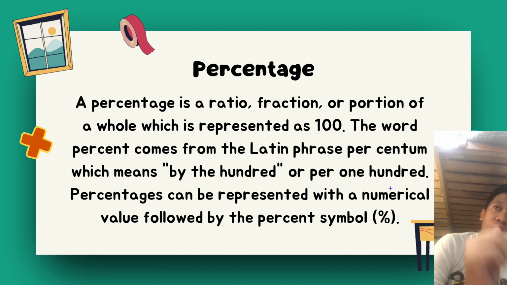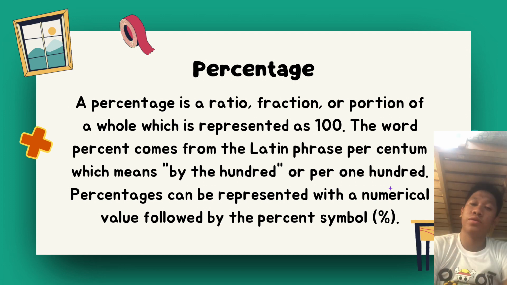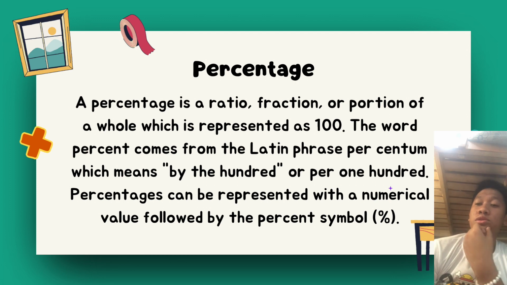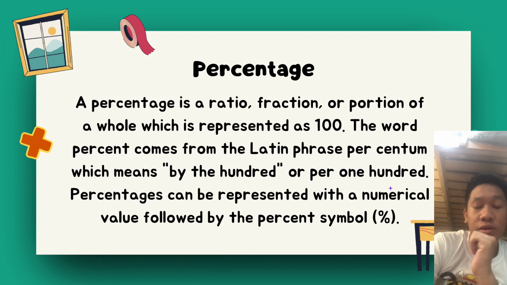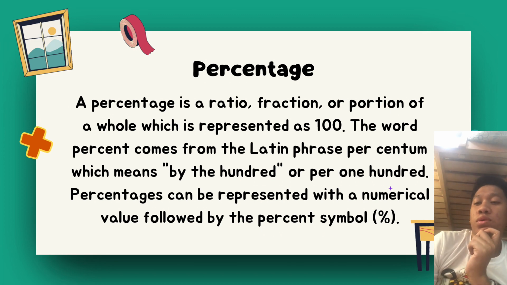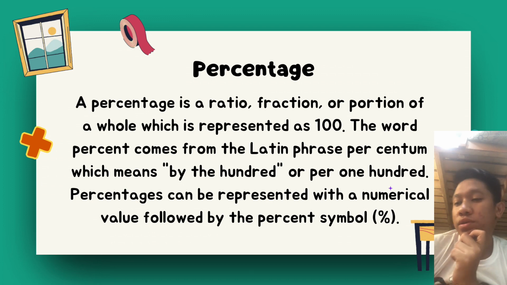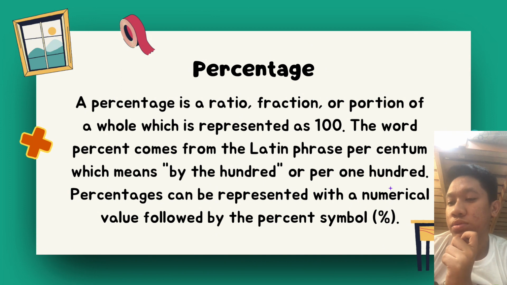So for example, let's use my example earlier. 100%. There are 12 boys and 4 girls, which means if we add that together, that will give us a sum of 16. Let's compute: 75 divided by 100.